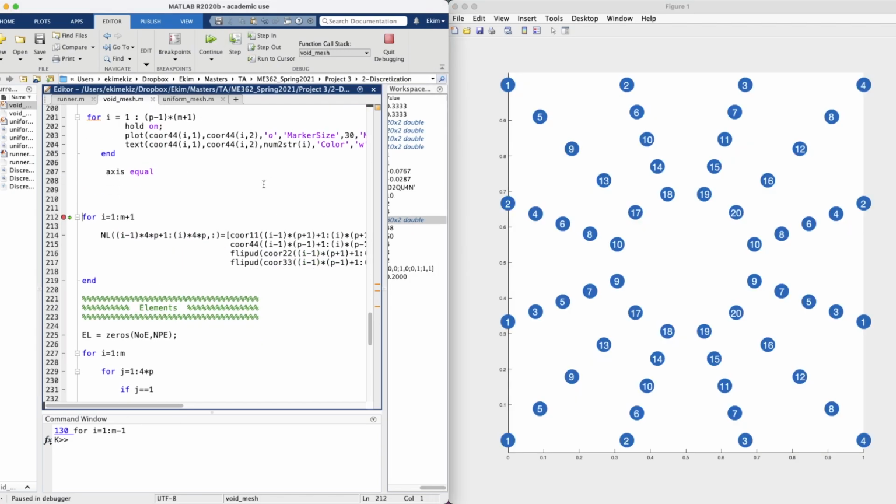Okay. So now you can see the 4 regions distinctively. So this is region 1. So it starts from 1 and goes up until 20. And region 2 starts from 1, goes until 20. Region 3, 1 to 10. And region 4, 1 to 10.